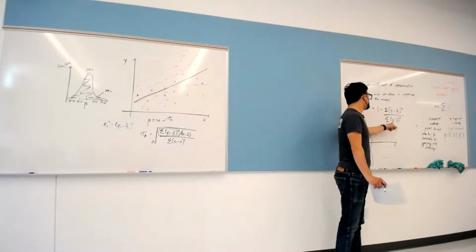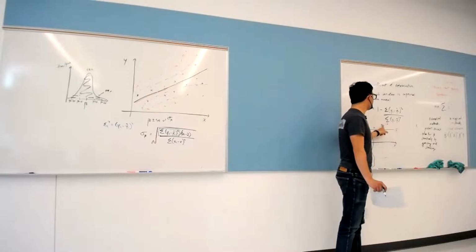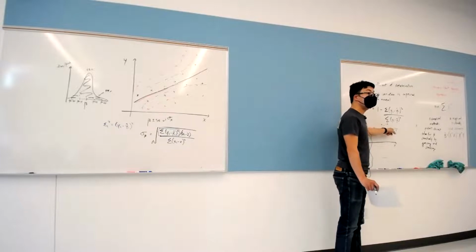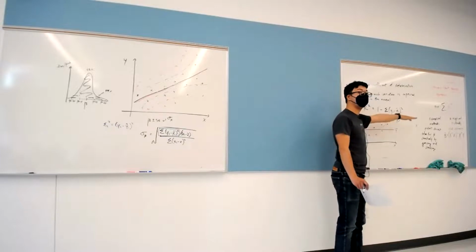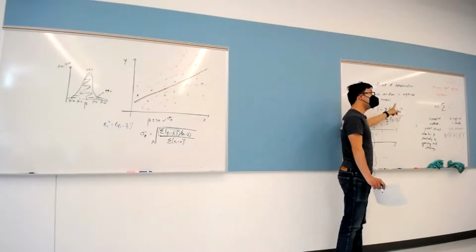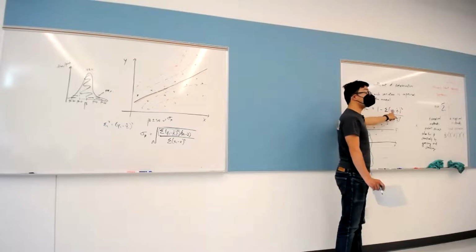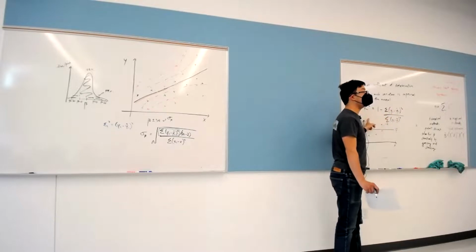If this number is really big, that means your x's are really far from your line here. So if this is close to 0, divided by this big number, you're getting a really small number, and it'd be 1 minus a really small number, so it gets close to 1.